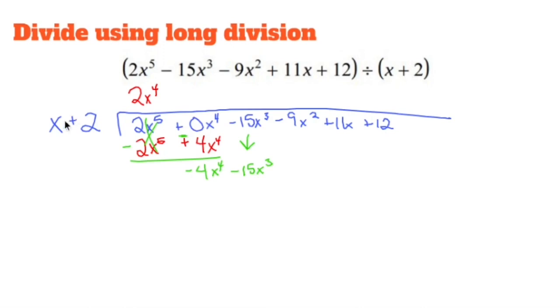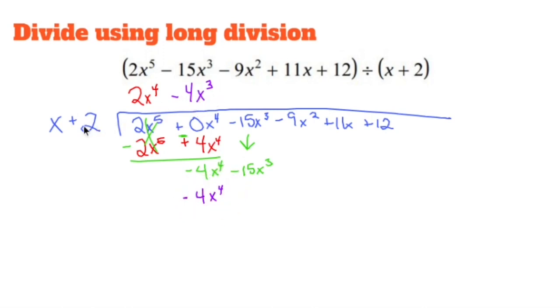Okay. X times what gives me negative 4x to the fourth? X times negative 4x cubed gives me negative 4x to the fourth. Now take this, multiply it to the entire factor, and write it underneath. Negative 4x cubed times x is negative 4x to the fourth.